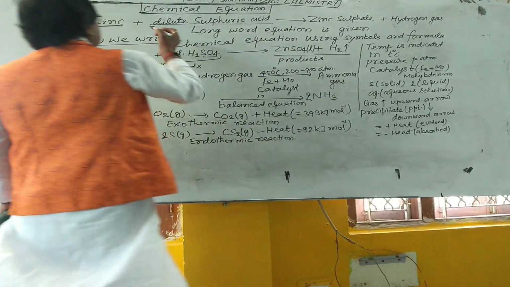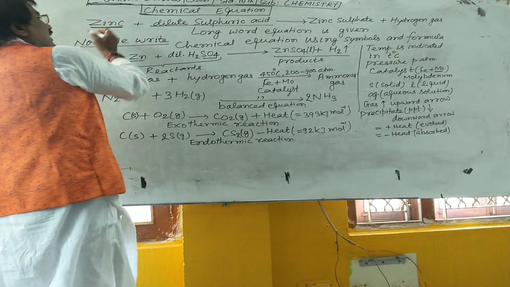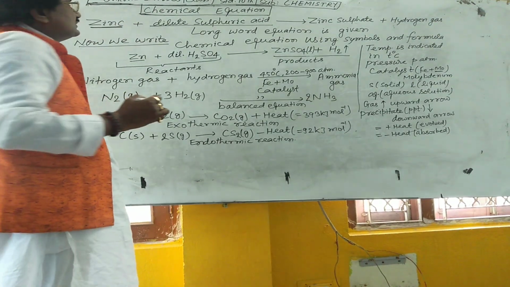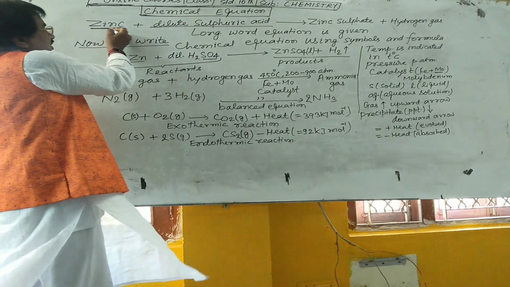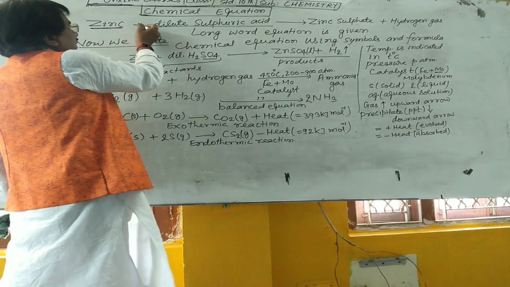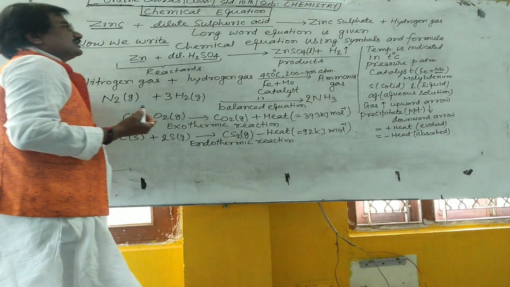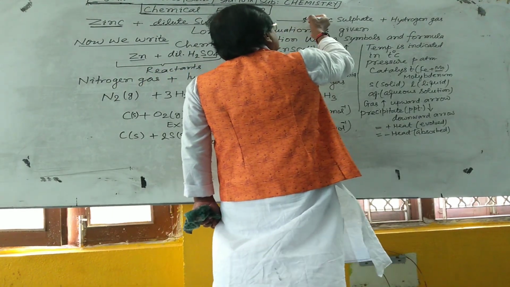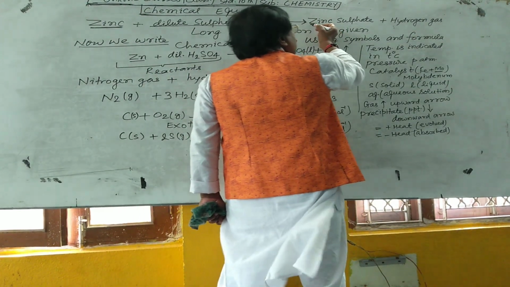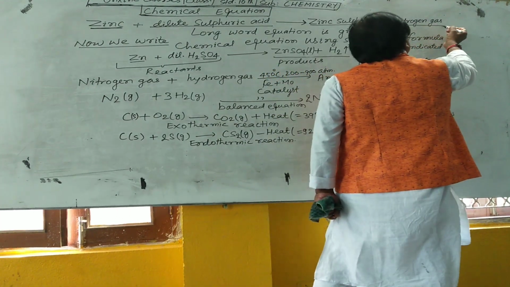As for example, it is given to write a chemical equation. The word equation is given here: zinc, you know zinc, plus dilute sulfuric acid is equal to, or arrow, zinc sulfate plus hydrogen gas.